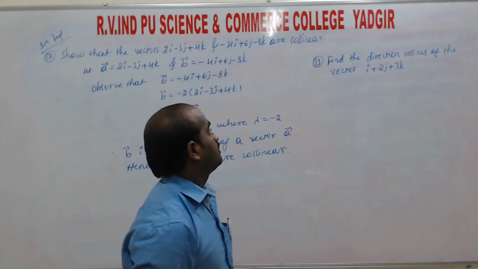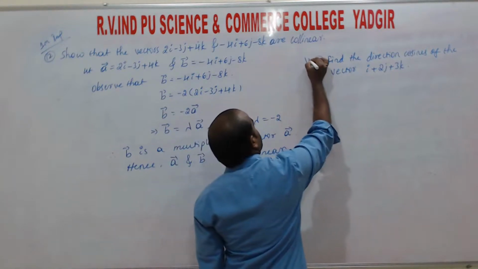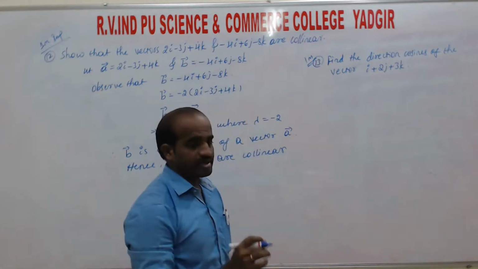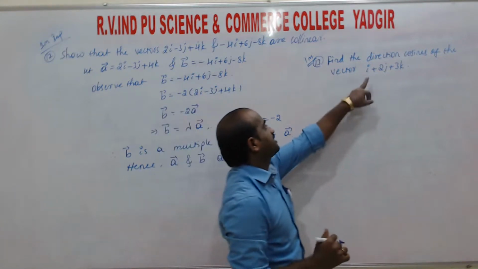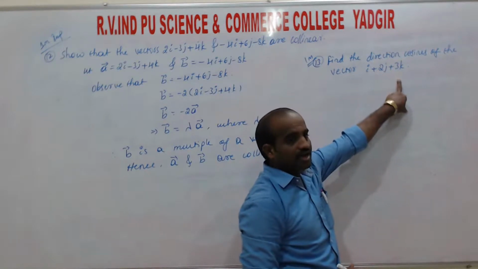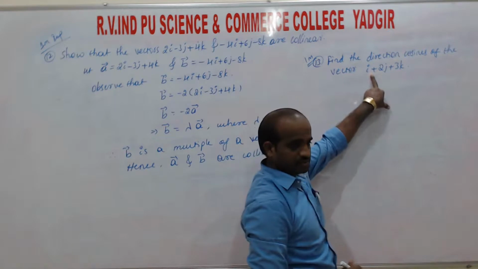This one mark is important. Direction cosines are x by r, y by r, z by r. Here x is 1, y is 2, z is 3. R means the magnitude.